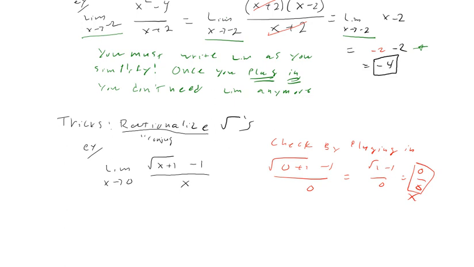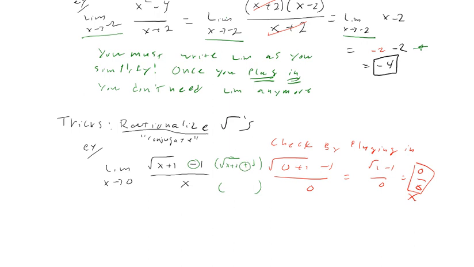Remember, conjugate just means take the same thing, this upper square root part, and I'm going to multiply both of these things by the conjugate. So I'm going to do square root of x plus 1 plus 1. My conjugate means I'm changing this minus sign into a plus sign.